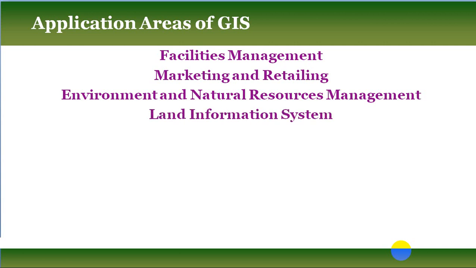For land management or land information system development, we can use GIS. Every city, every municipality, every corporation has a vast amount of land, and it is managed effectively using GIS.